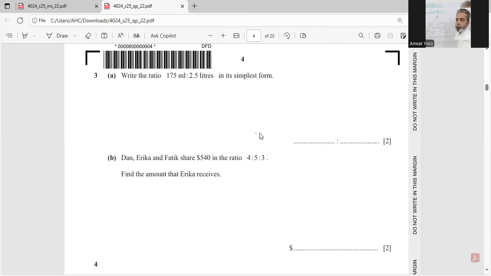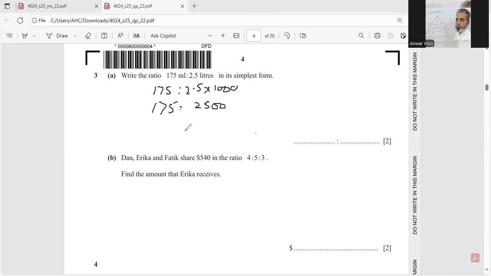Question 3 now. In this question, write the ratio 175 milliliters to 2.5 liters, so convert the units to the same. 2.5 liters means 2.5 multiplied by 1000. So your ratio will become 175 ratio 2500.